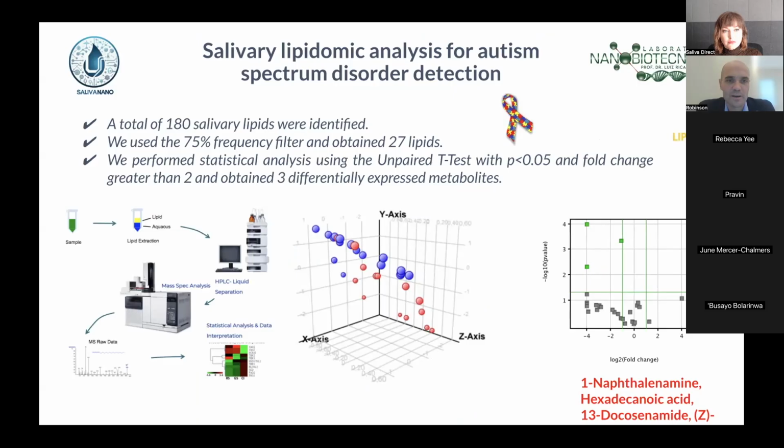And we have filtered 27 lipids that have an expression of more than 75% in one group. And when we sent this data, we detected 3 salivary lipids that were able to detect a differentially expressed metabolite here.